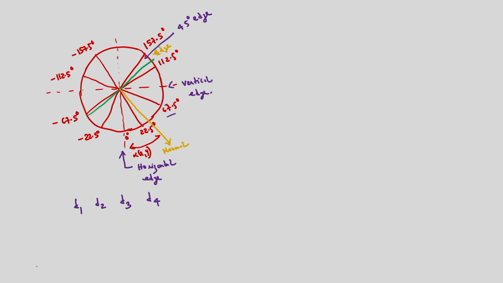So I am considering only 4 directions, D1, D2, D3, D4, and the ranges are 0 to 22.5, 22.5 to 67.5, 67.5 to 112.5, 112.5 to 157.5. In this figure you can see which one is the vertical edge and which one is the horizontal edge.